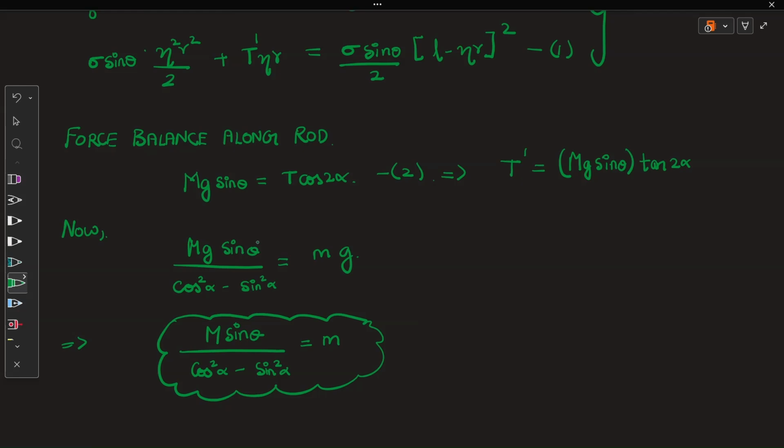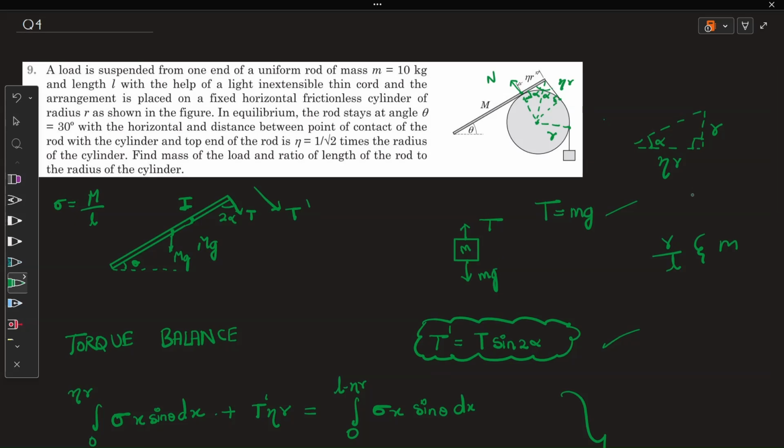So mg sin theta is nothing but t cos 2 alpha. What I am doing now is, t is nothing but mg, where m is the required mass, into gravity. So if I divide, mg sin theta by cos square alpha minus sin square alpha is mg. And if I cancel g, I get m is m sin theta by cos square alpha minus sin square alpha.